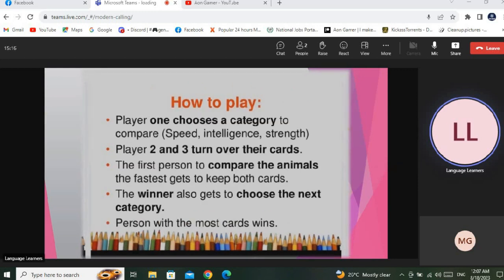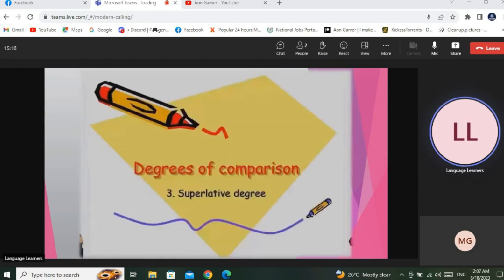So last but not least, the last one in today's lecture is the superlative degree. Okay, what is superlative? Superlative shows the most beneficial, the best one, the topper one, the top quality. Something that has something special. It describes that thing.